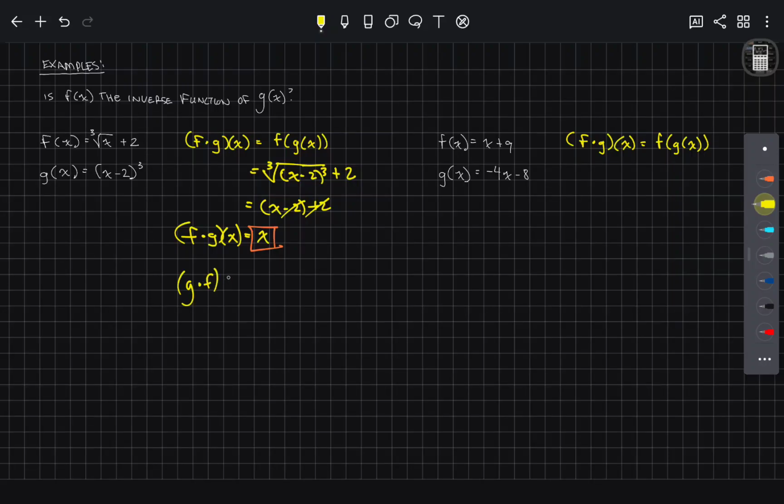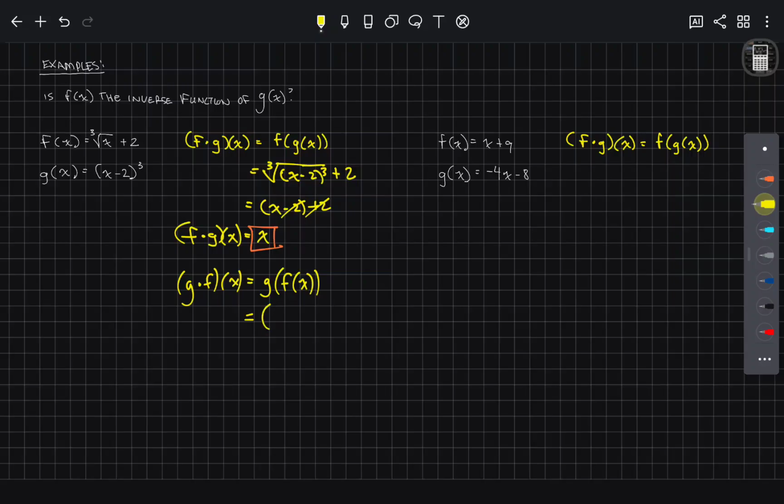So that's exactly what we're going to do. Now we have the function g with f of x substituted inside of it. We're going to solve this and see if it comes out to be the same thing. If it does, then we know we have invertible functions, and f of x and g of x are inverses of each other.